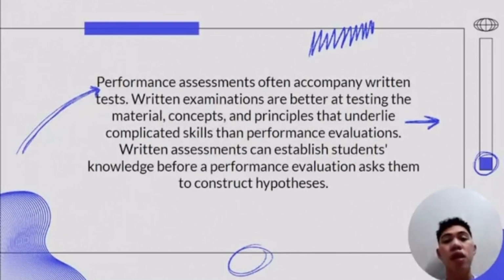For the written examinations as well, there might be indications of error later on, or maybe misconceptions about what the examination is all about. So I believe it's better when we weigh written examination as well as the performance test of the students.